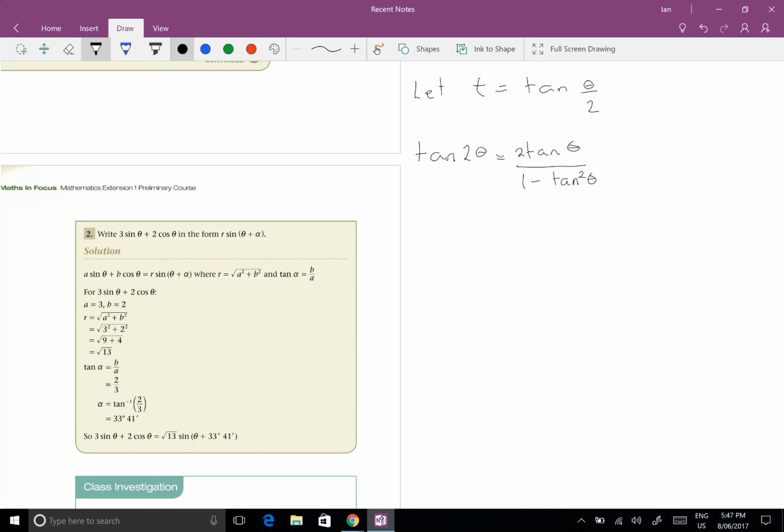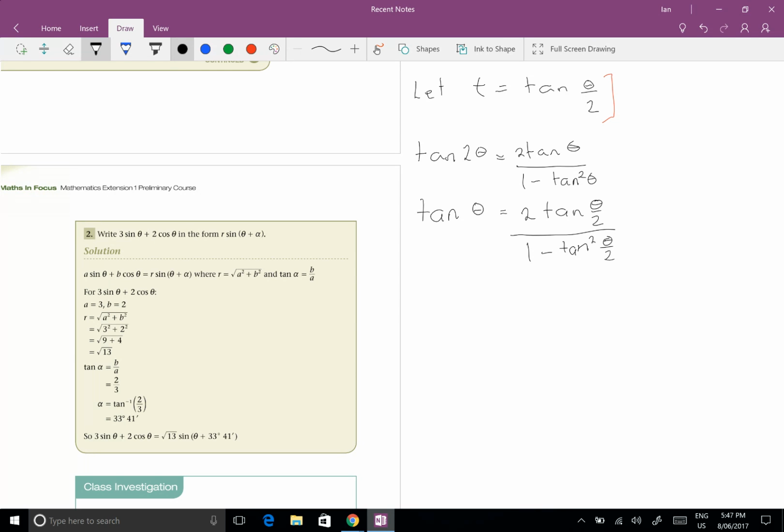If I've got half an angle and I can put it into this equation, so let's look at how we do that. Well, this would mean that this one here could be also written as tan theta equals 2 tan theta on 2, over 1 minus tan squared theta on 2. So that's why we chose half the angle, because it'll give us this whole angle in here.